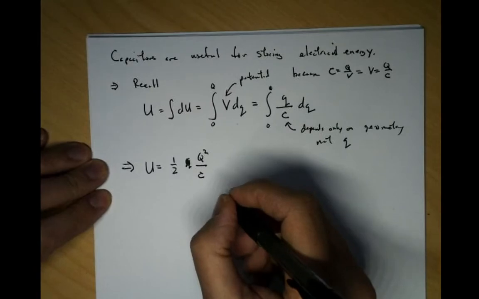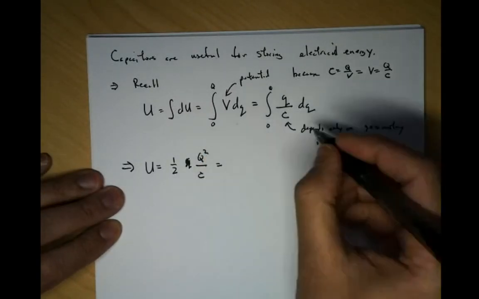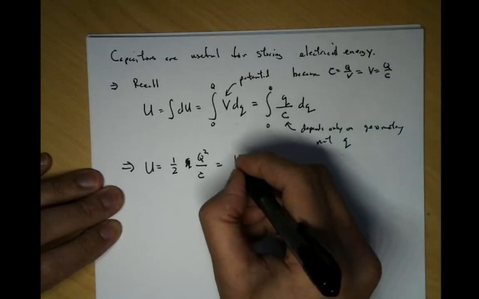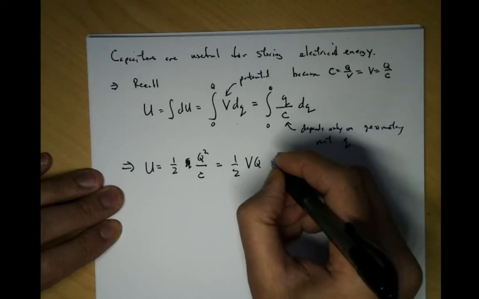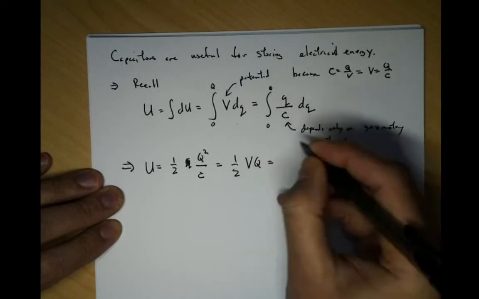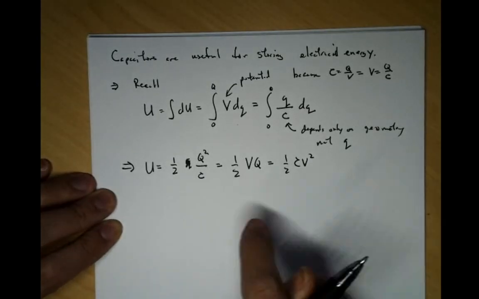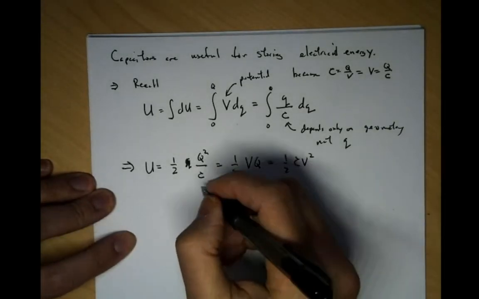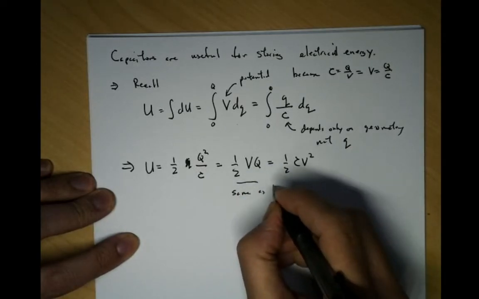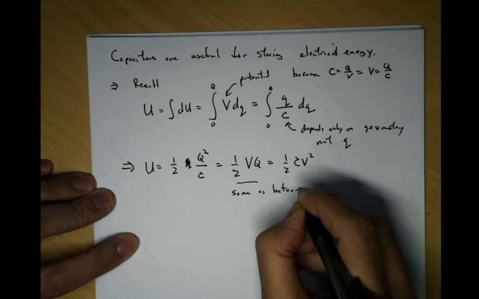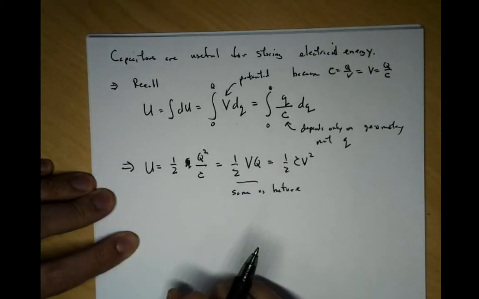Well, what is this also equal to? Remember, this is also V, so this is 1/2 VQ. And similarly, we can also rewrite this as 1/2 CV squared. So there are 3 different ways of writing it. The first was the same as before, and these 2 are new ways of writing this in terms of capacitance.